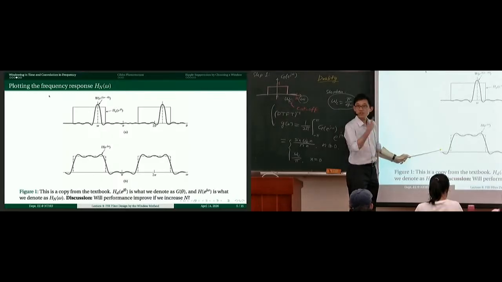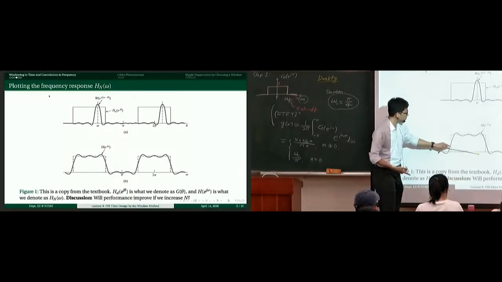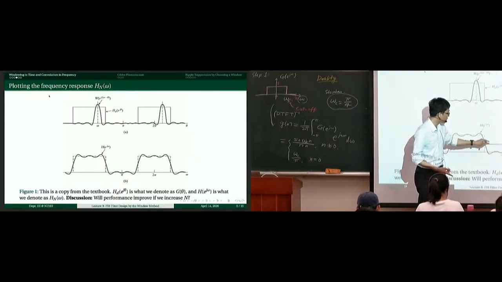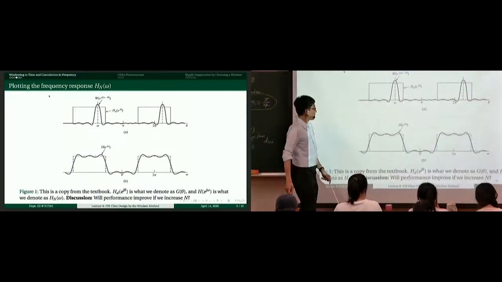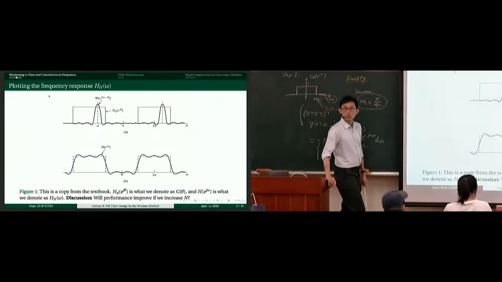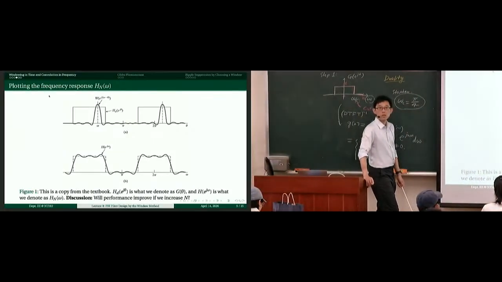That's a general property of the DTFT. So in this plot we see the passband, stop band, and after pi, everything repeats. That's the ideal filter before windowing, before we truncate our impulse response.